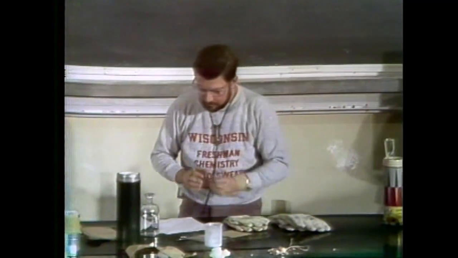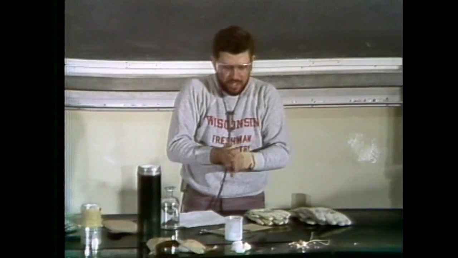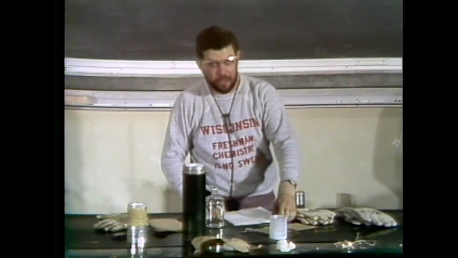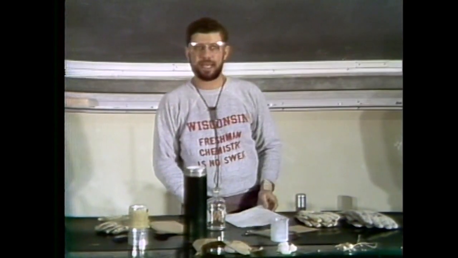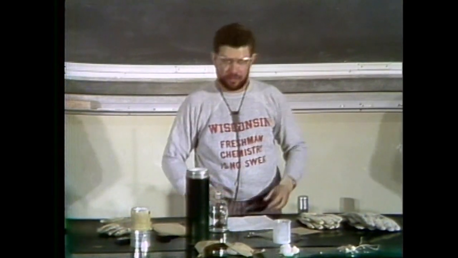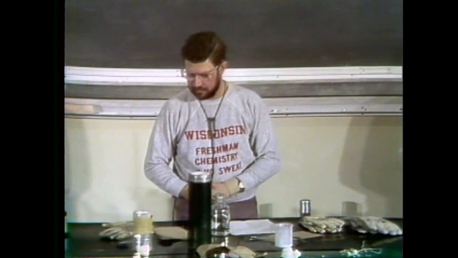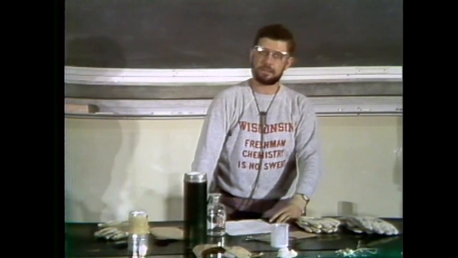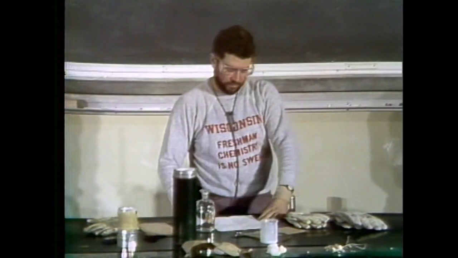What I'd like to do now is show you the difference in properties between liquid nitrogen and liquid oxygen. So far, we've talked about liquid nitrogen a great deal, and as you know, liquid oxygen has a boiling point very close to that of liquid nitrogen.